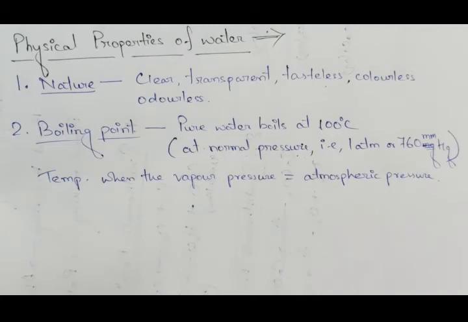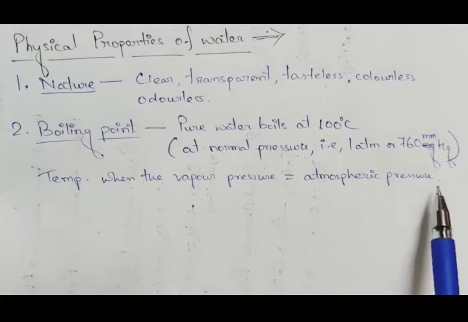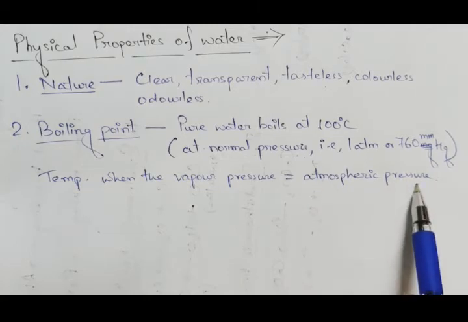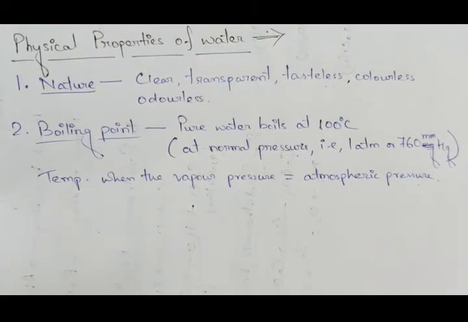That is why we can say that if the atmospheric pressure is high, then the boiling point of that liquid will increase, and if the pressure is low, then the boiling point will decrease. Clear? Now if we move towards higher altitudes, that is towards the hills, then water boils at a temperature lower than 100 degrees Celsius. Why is this so? We know that at higher altitudes the atmospheric pressure is low. So if the atmospheric pressure decreases, then the boiling point of water will also decrease.